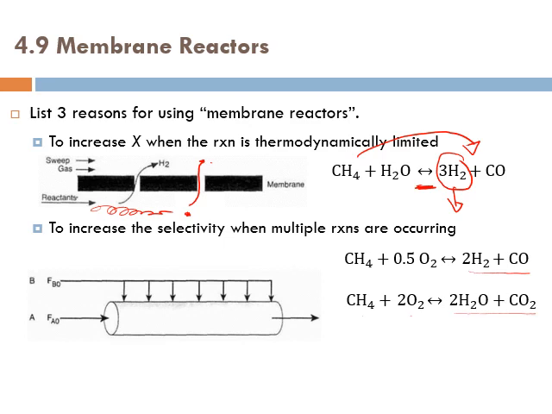So if we have here 100 mole per second methane, I'll need to introduce 50 mole per second of oxygen, correct? According to the stoichiometry.